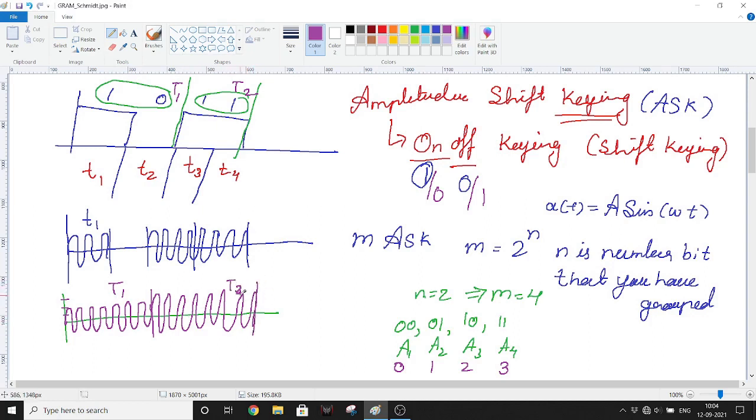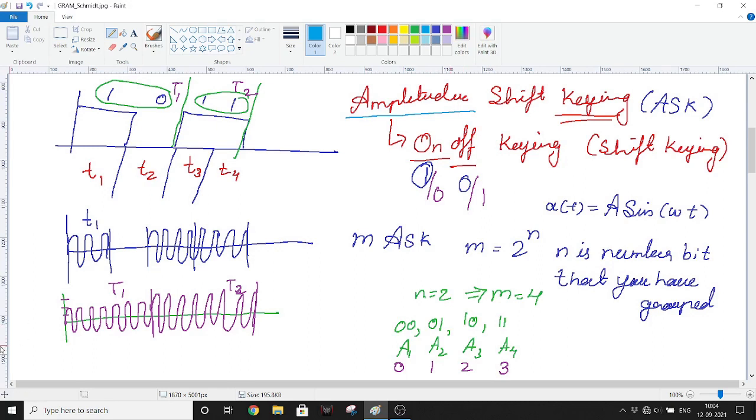So this gives us the ability to represent different amplitudes. Now, give a thought to this: I have something called amplitude shift keying. Can it be something different also?